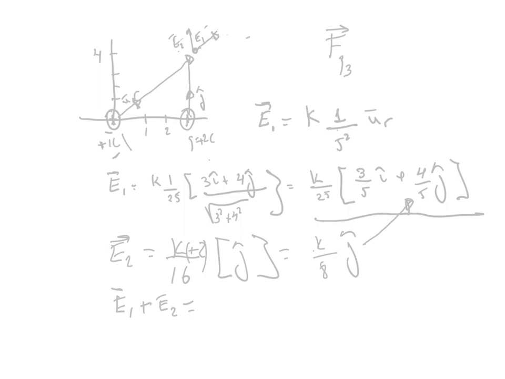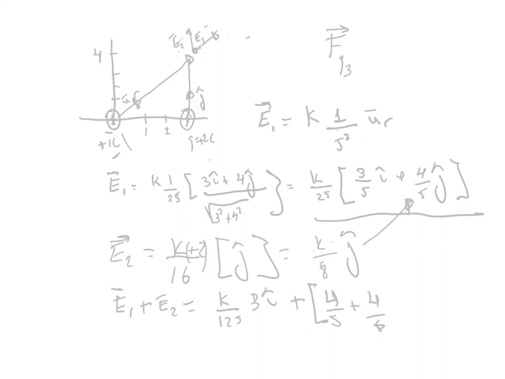So it will be K over 25 times 5, 125, 3i, plus 4 over 5 plus 4 over 8. Oh, sorry, it's K over 8.